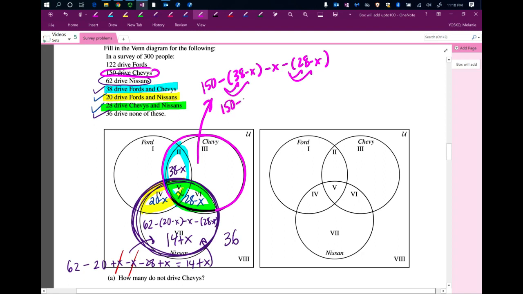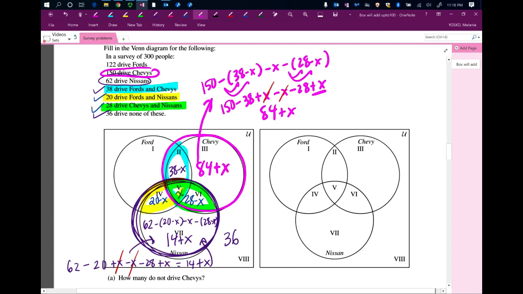So we have 150 minus 38 plus X, because negative times a negative, minus X minus 28 plus X. So we get 150 minus 38 minus 28, which is 84. Now look at the X's again. We have a plus X and a minus X, so these are going to cancel. We still have this guy, so 84 plus X, and that is going to go right in here.